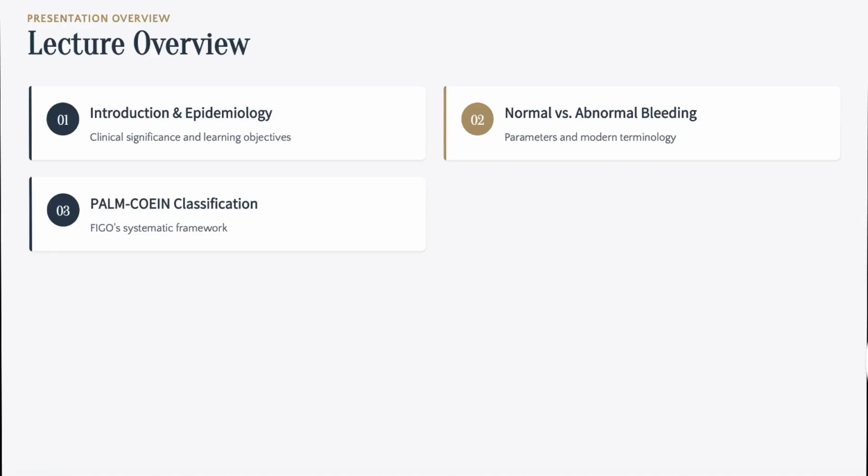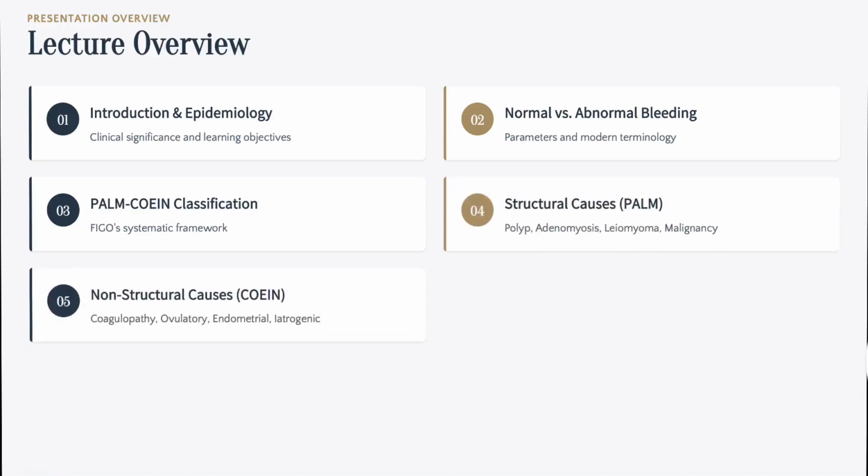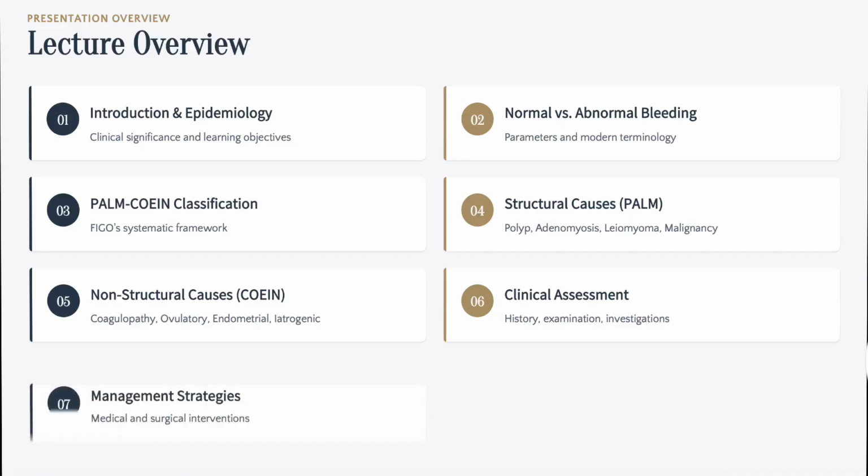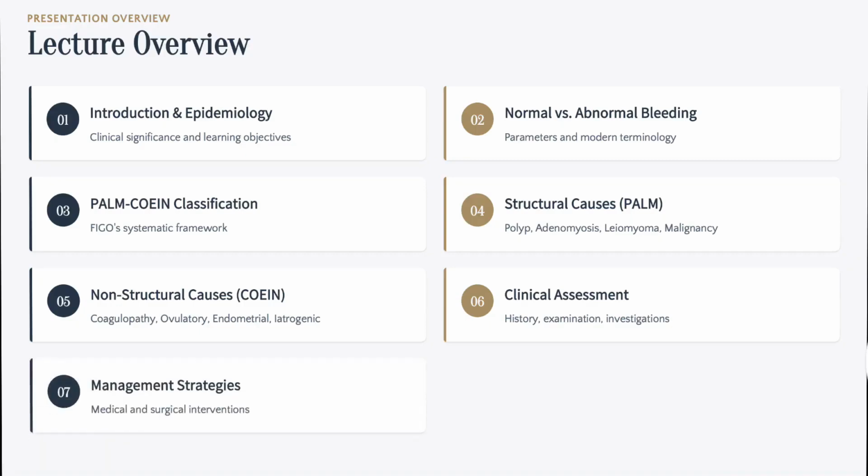We'll systematically work through both structural and non-structural causes. Following that, we'll discuss clinical assessment and techniques appropriate for investigation, and evidence-based management, both medical and surgical.